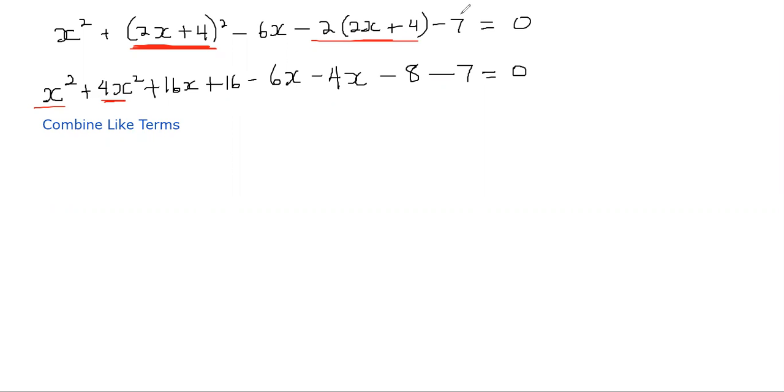So it's x squared plus 4x squared. The next algebraic term we want to look at is the x variable. So we have 16x plus 16x minus 6x minus 4x. Let's put that close together. So we have plus 16x minus 6x minus 4x.